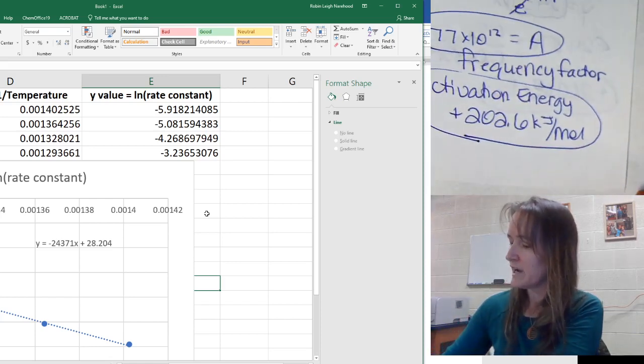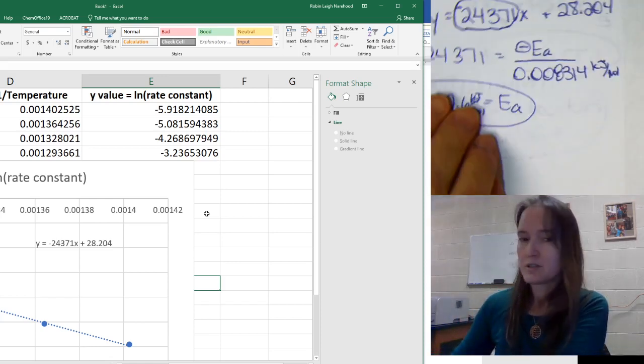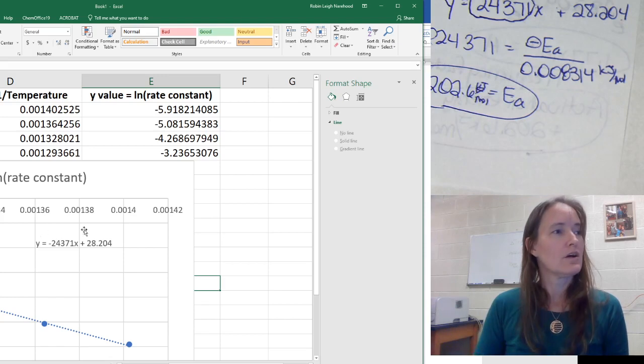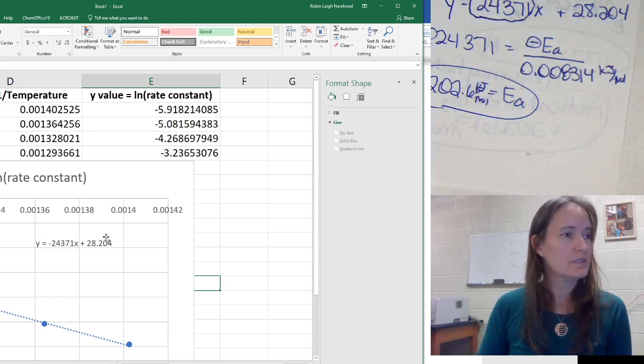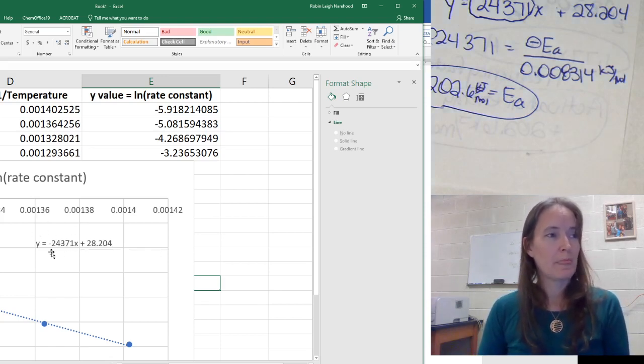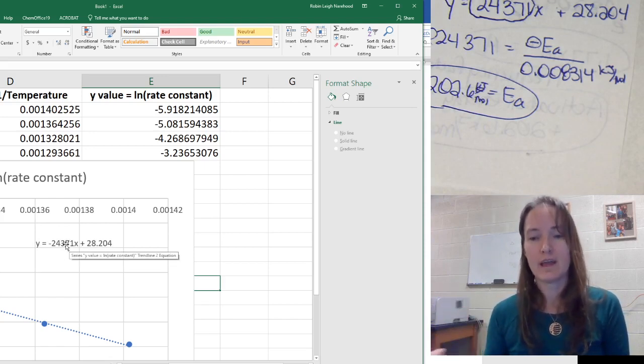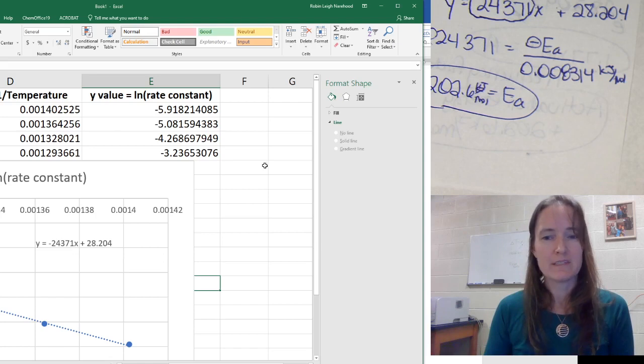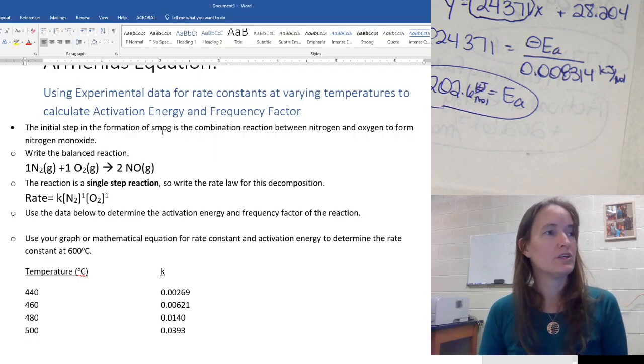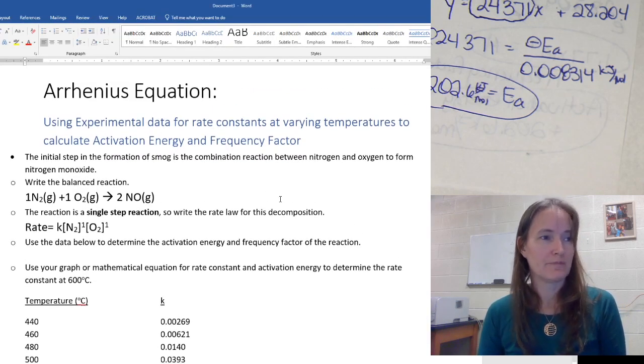So we use the graph to get our y-intercept and our slope so that we could find activation energy and the frequency factor. And this is how we would use that Arrhenius equation.